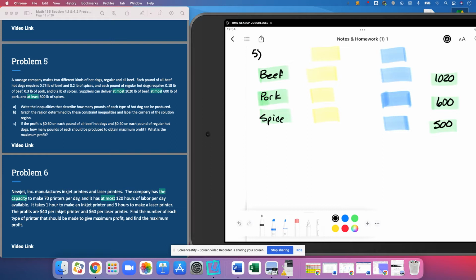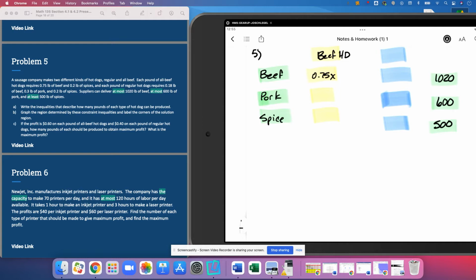Let's read back through the problem. Each pound of all beef hot dogs requires 0.75 pounds of beef and 0.2 pounds of spices. So all beef requires, what did it say? 0.75 pounds of beef. And we'll assign beef the X value. I've got beef twice, so I'll delineate that.